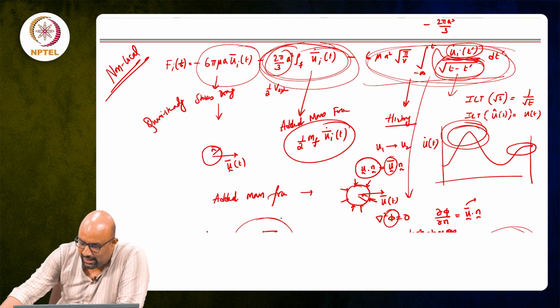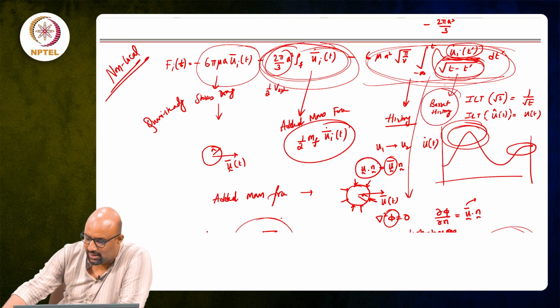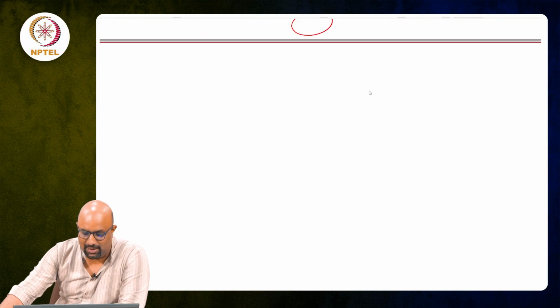But before that, it is important to pay a little attention to the history term. This term is often known as Basset history. There are many others also associated with doing this work, but for the time being I will just focus on that particular term.